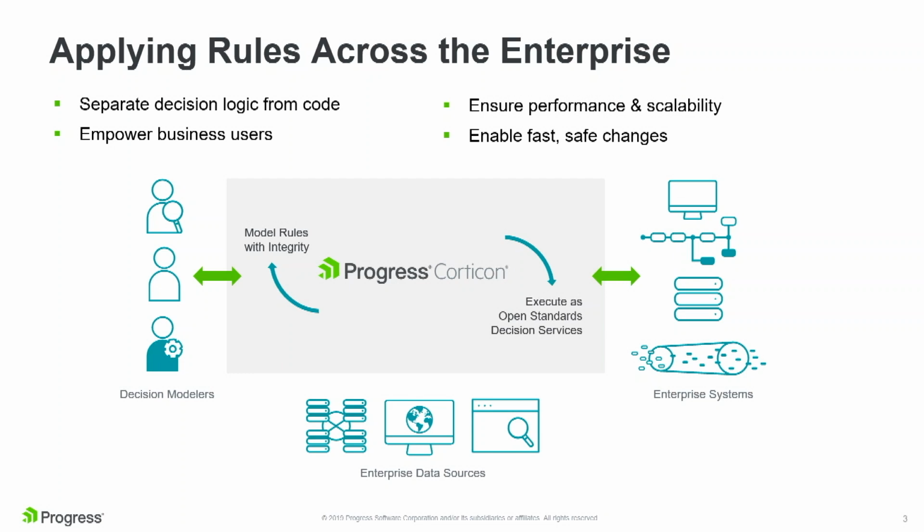Corticon would then be accessing various data sources necessary to get information about that. It could be an internal database that you have, or external data sources that you need to access as well. But Corticon brings all of that information together to make policy decisions for your business or enterprise.